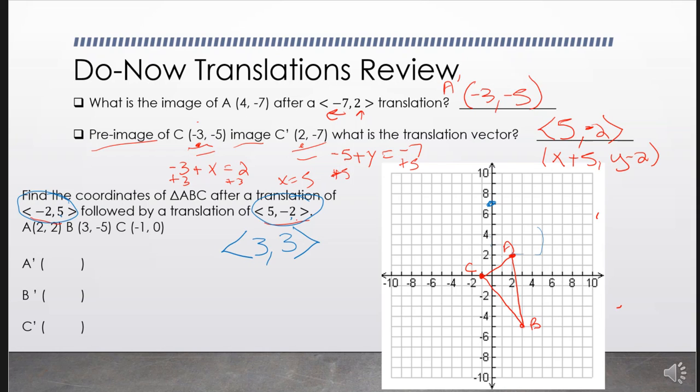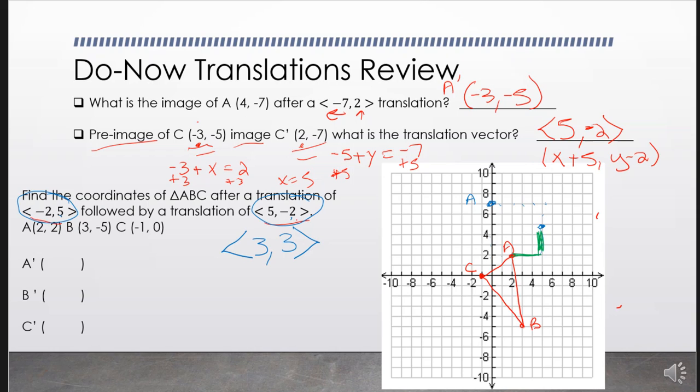And again, I'll just do it for A, not all of them, but this would have been the A after going 2 to the left, 5 up. Then I would have gone 1, 2, 3, 4, 5 to the right and 2 down. And this would have been where the final A was. And that would have been the same as me just going 3 to the right and up 3.